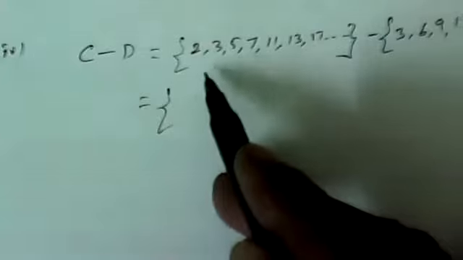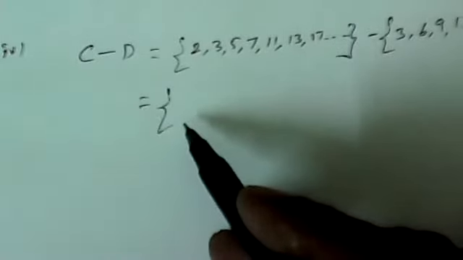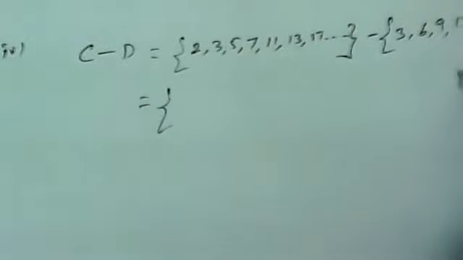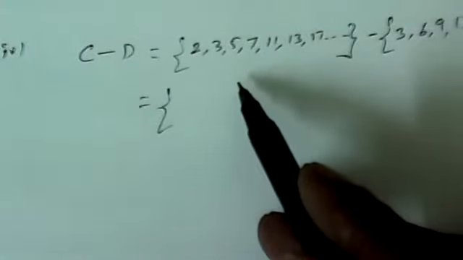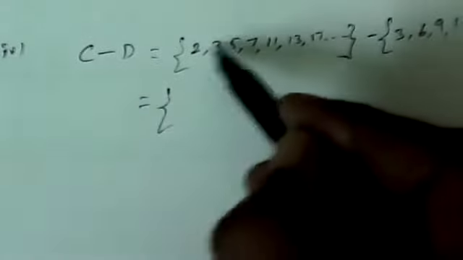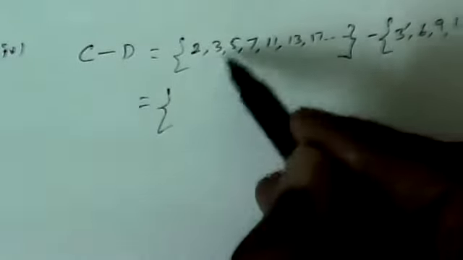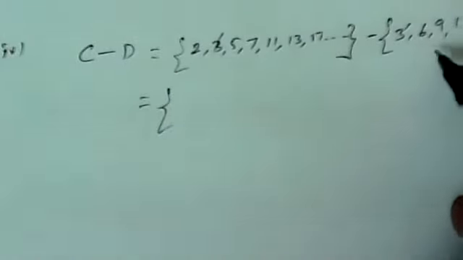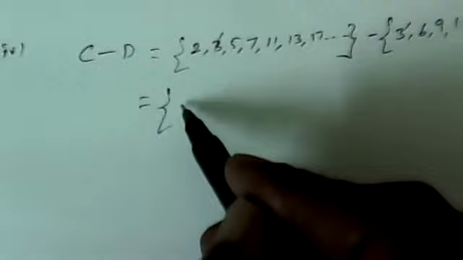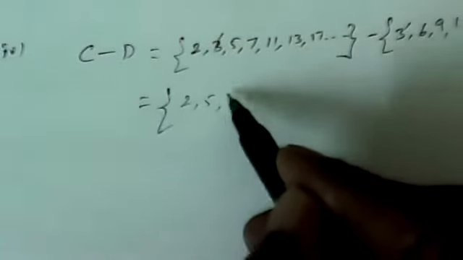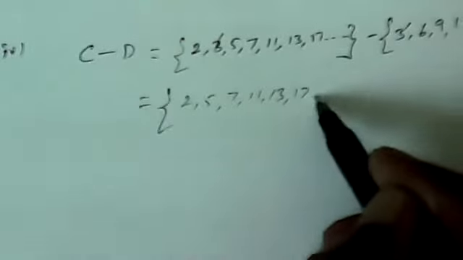All elements of C will be there, but none of the elements of D. Do you find multiples of 3 in C? Except 3, which is the only thing common. 6 and 9 are not prime, and the remaining multiples are not prime either. So we get 2, 5, 7, 11, 13, 17, and so on.